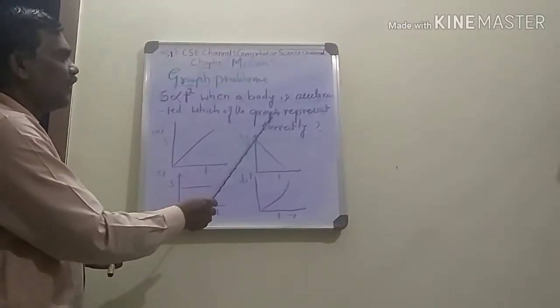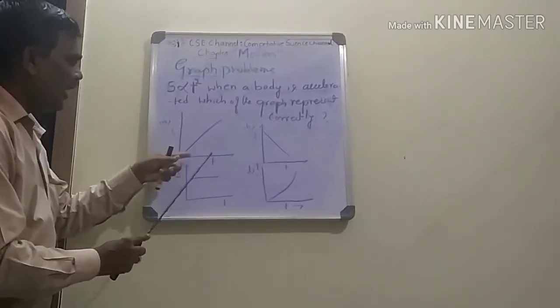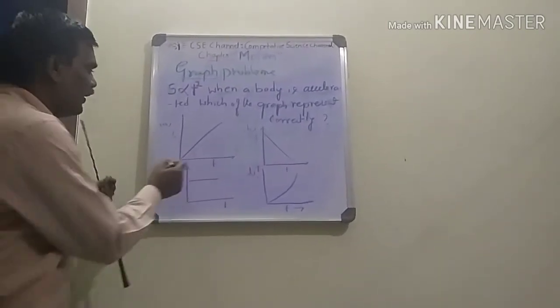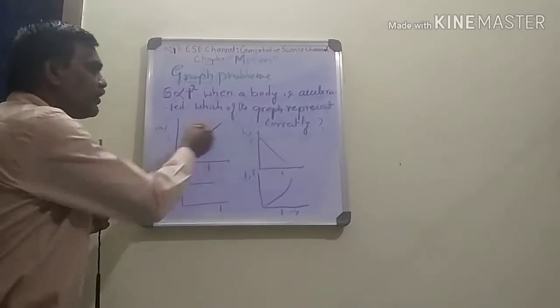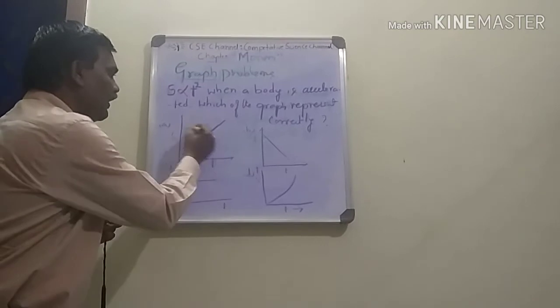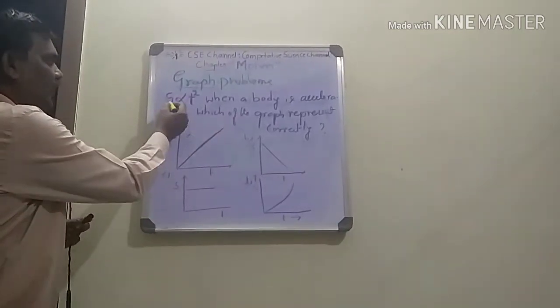Which graph represents it correctly? Here S and t are uniformly distributed, meaning distance moved is equal in equal intervals of time, so this cannot represent it.